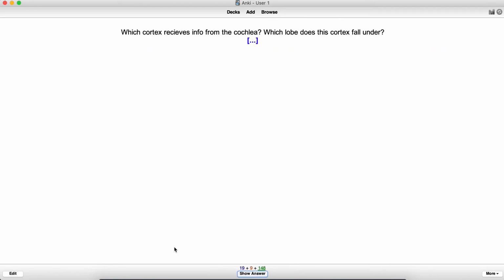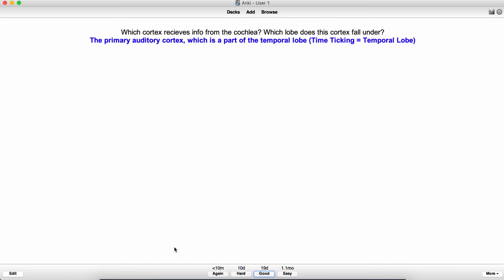Which cortex receives info from the cochlea? The cortex that receives info from the cochlea is the auditory cortex, which is in the temporal lobe.